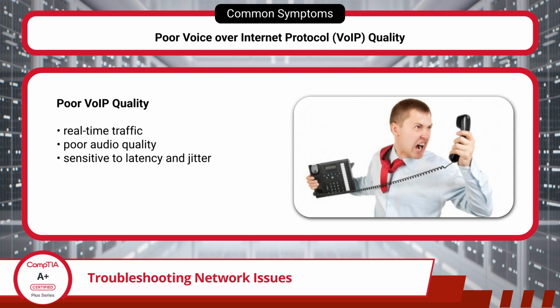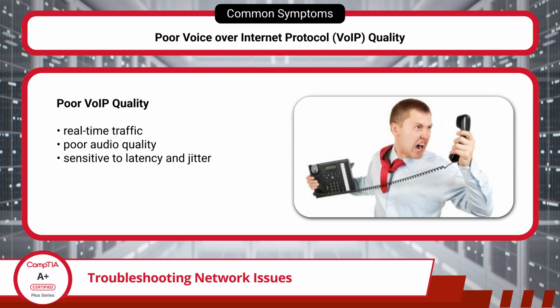Since voice over IP relies on real-time transmission, even slight delays or fluctuations in packet arrival times can result in noticeable audio quality degradation. High latency can lead to delays in audio transmission, causing conversations to feel disjointed or out of sync. Similarly, excessive jitter can cause packets to arrive out of order or with inconsistent timing, resulting in audio distortion or dropouts.